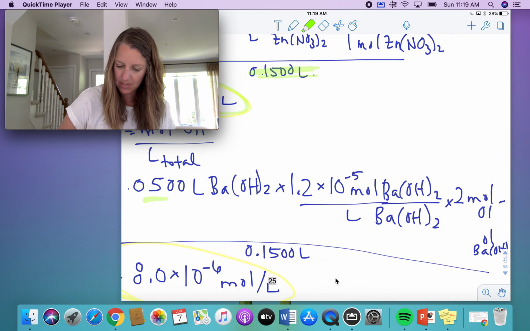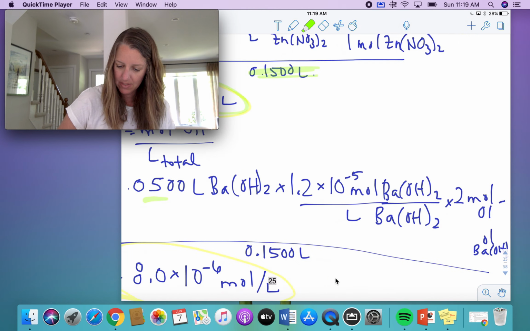So let's compare the values. The first part of this question is already done for you, because it's like the second day's lesson last week, where we're just asking, what's the molar solubility of magnesium carbonate? And we only did these kinds of questions with water. So what did we do?